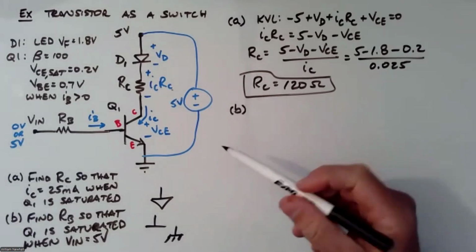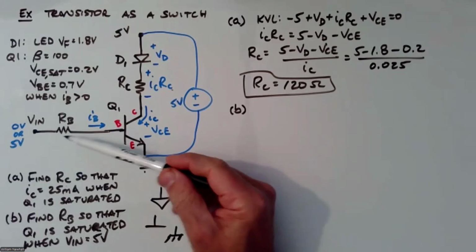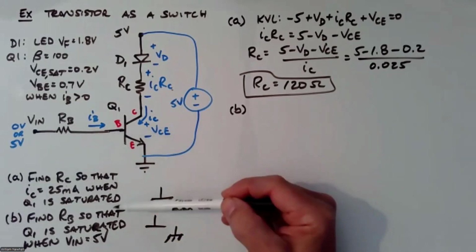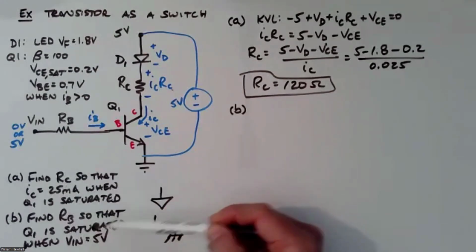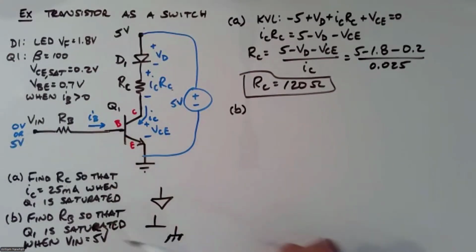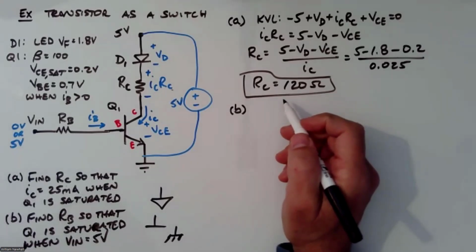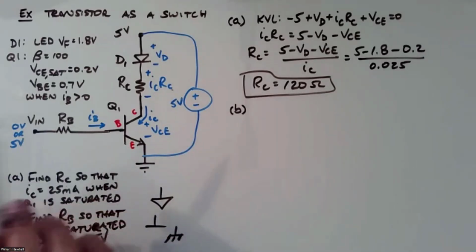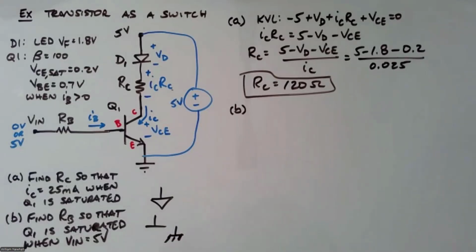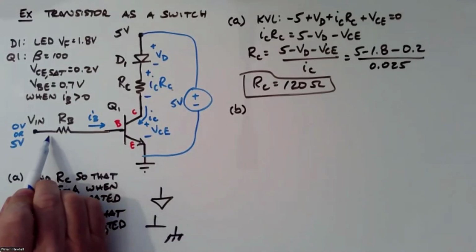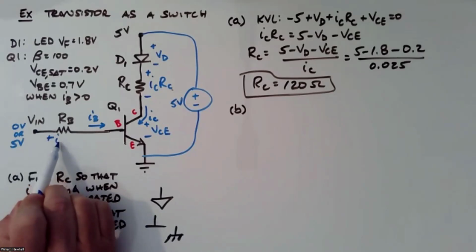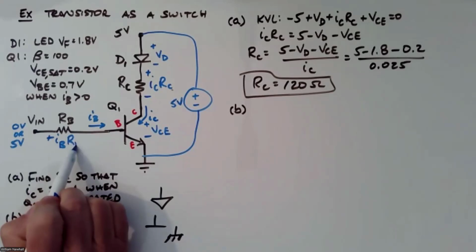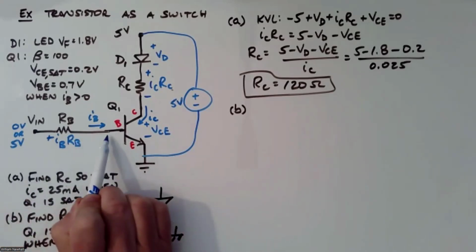Now we have to figure out how I choose RB so that I get that transistor saturated when I apply 5 volts to the VIN node. Well, I think we can use another KVL equation here because I want to solve for RB. This voltage here is IB RB. This voltage here is VBE.